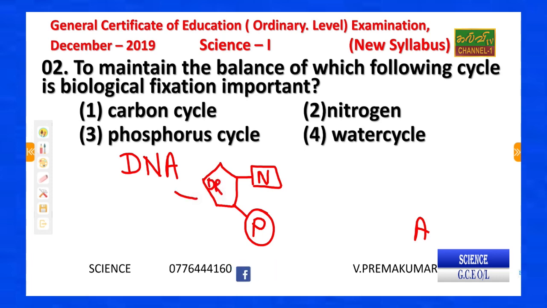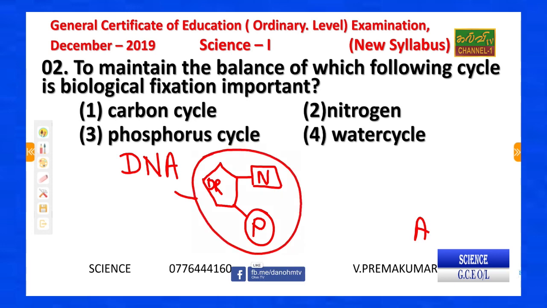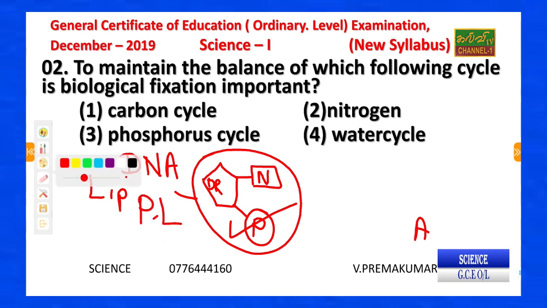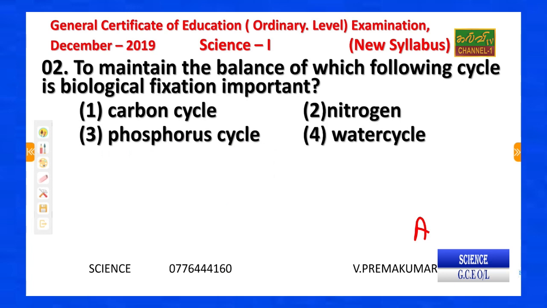So in DNA, this is called a nucleotide, deoxyribonucleotide, but I would like to say the phosphorus is available here. And lipid with phosphate, phospholipid. So some kinds of lipid also contain phosphorus, but we don't have studies about the phosphorus cycle.